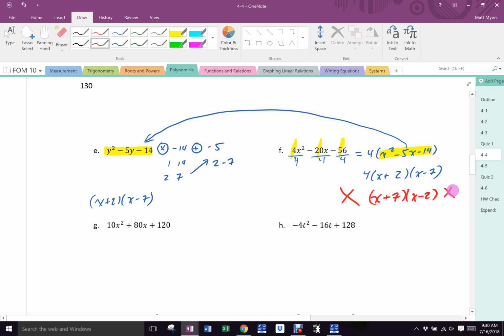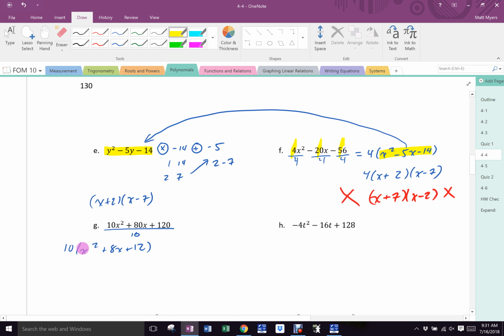Everybody good? All right. What's wrong with G that bothers you? You don't like the 10. Can you get rid of the 10? How? Everything divides by 10. And we should always try and start with GCF. So now I've got x squared plus 8x plus 12.